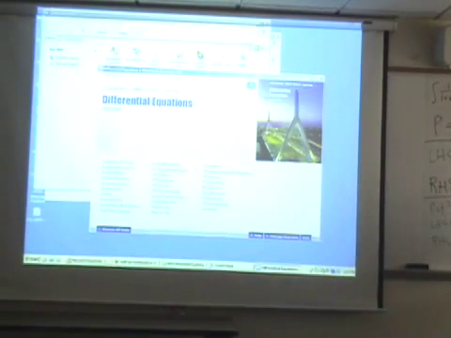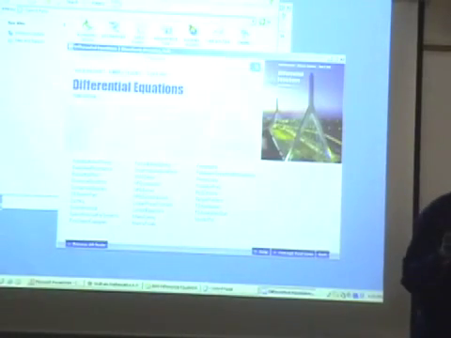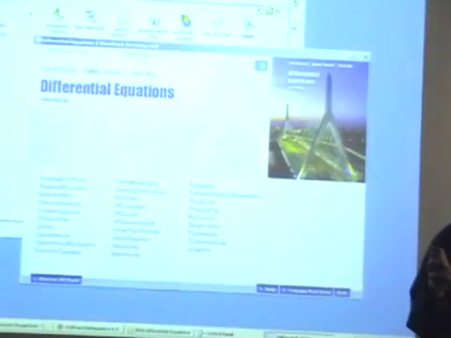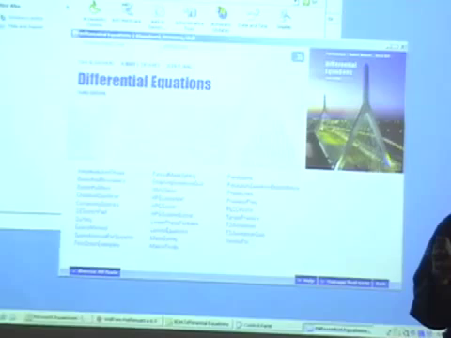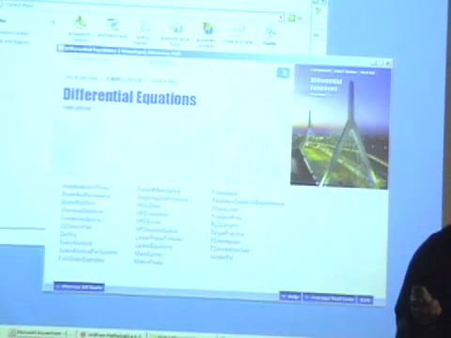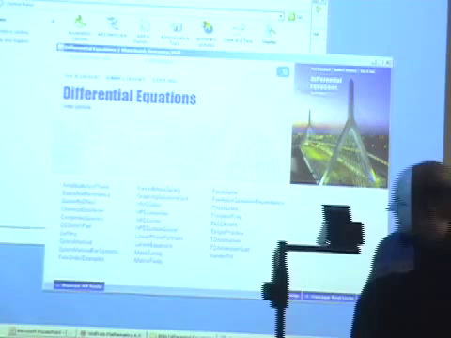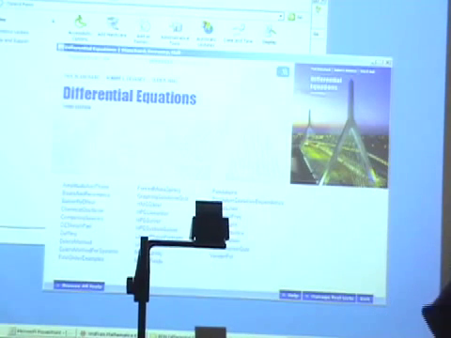Focus on the middle here. Let's see. It's like we don't have a black screen option on this. I should have checked this ahead of time. It looks like maybe not. Let's move the overhead projector over here on the right.